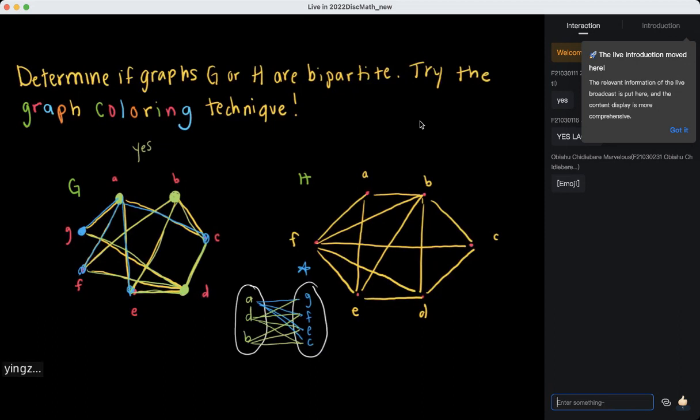But if we want to check whether or not it can be seen as a bipartite graph, that means you are going to separate the map into two different domains, and each domain should have no intra edge, or the map only has the inter edge. It means the map only goes from the input to the output. So here I show you how to select, and finally you will find A and D should come together.